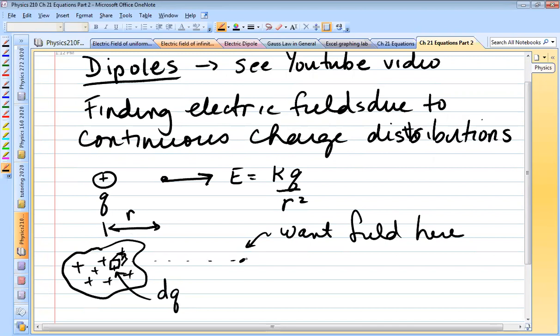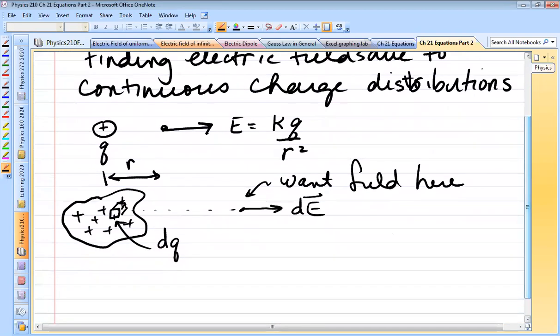At any given location where you want the field, each little dq will have its own little bit of field dE. But that's only the contribution from that little bit of dq. You then have to do that for every other little bit of dq in this charge distribution. So this little dq would have a different R. This would be R1 for the first one, dq1, and if this was dq2, then you would have a second R, R2, and a different field pointing in a different direction, dE2, which would depend on how far away you were from dq2.